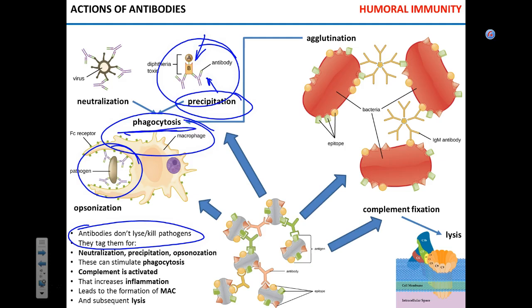Now, in case of the viruses, the characteristic antibody response is neutralization. So this is a virus. Remind me, please, what does the virus need to attach to the cell that it's about to infect? Receptor. Now look at this poor virus over here. It's all surrounded by antibodies.